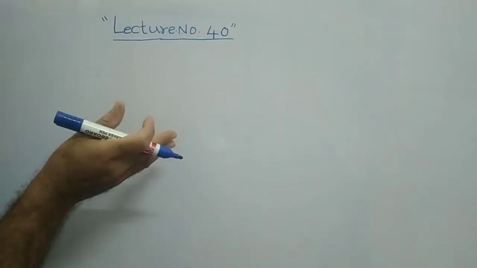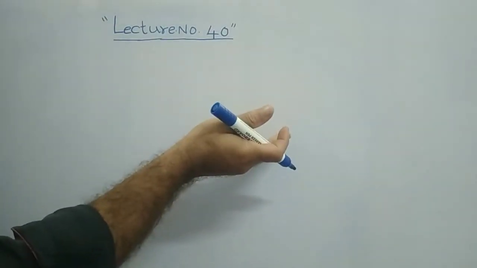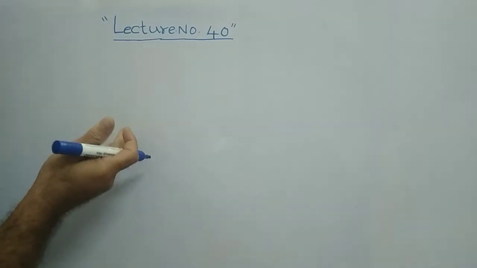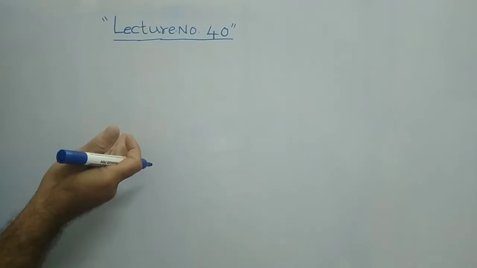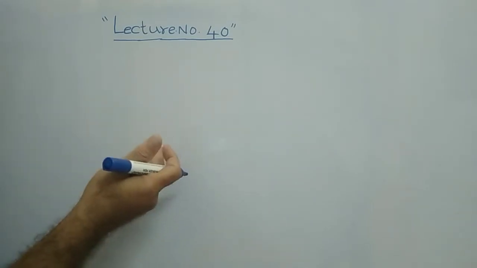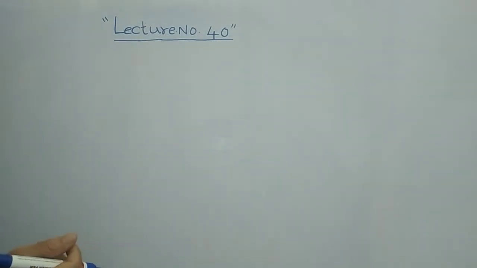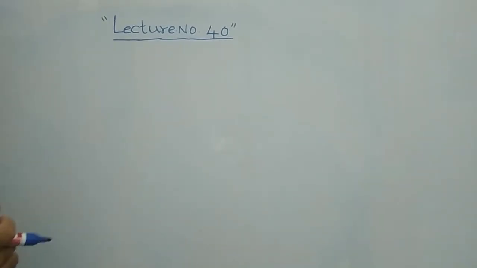For unit step input, unit ramp input, and unit parabolic input, what is the steady state error? These expressions we have seen in lecture number 37.